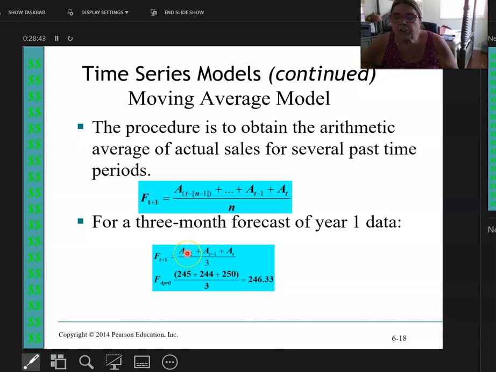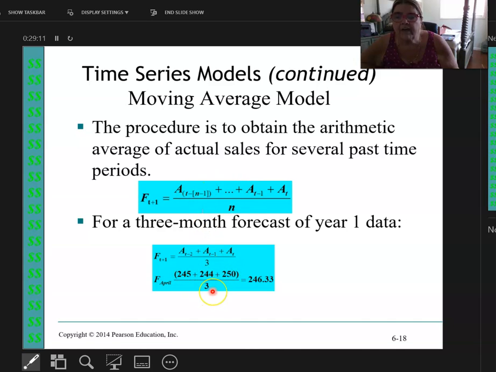I'm in March, and I'm forecasting for the future, but I'm going to go back to January, February, and March. I'm in March forecasting for next month, T plus 1, so that's April. So if you remember, 245 plus 244 plus 250. I've taken this formula, and this is how I've written it down.